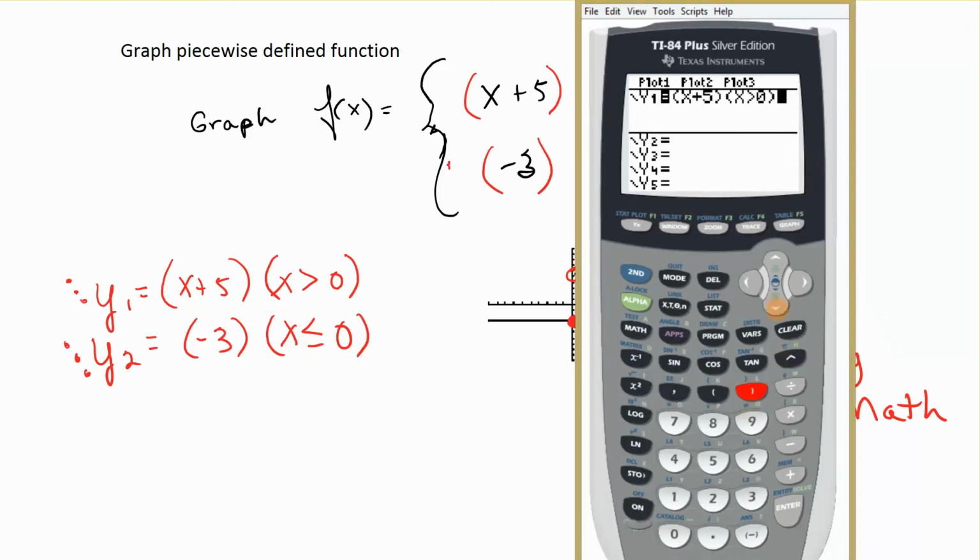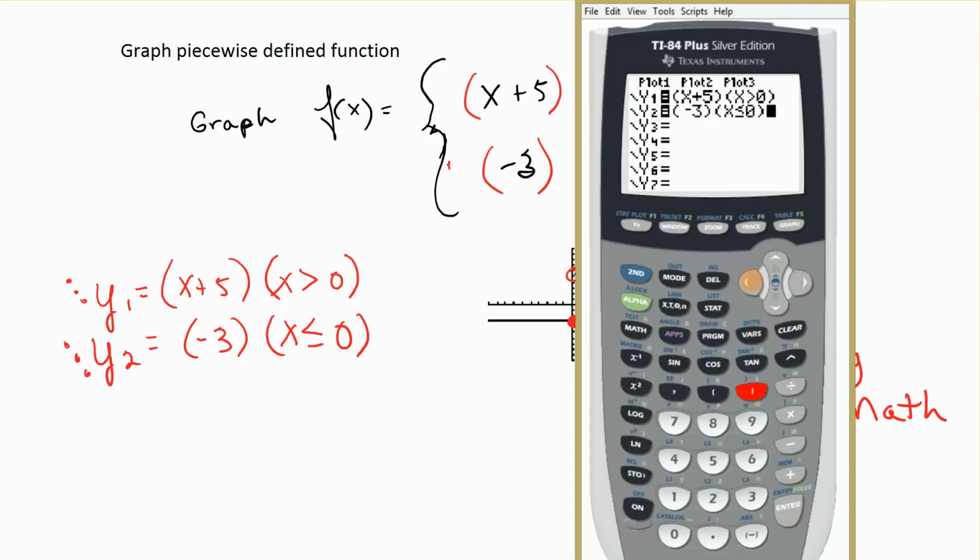We'll go down to y2, and we're going to have parentheses -3. Be sure you use the negative sign if it's the beginning of a function or a number like that. You don't want to use the subtraction sign. And then we'll open x, we need less than or equal to. So we'll go here, and we have number 6, and we'll put 0 and close.